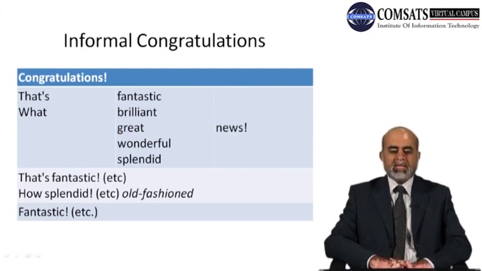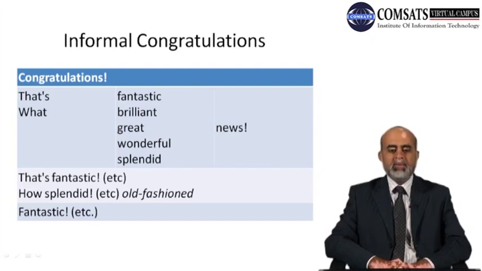Now, if you just look at this table here, this kind of table is called a substitution table, because what you can do is you can actually construct sentences by taking bits and pieces of language from each column. For example, you can say, "That's fantastic news."